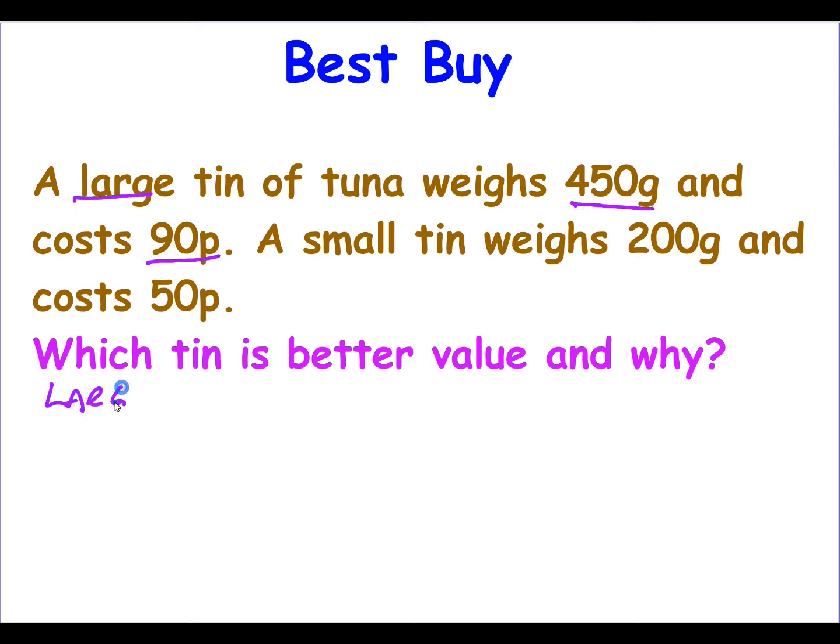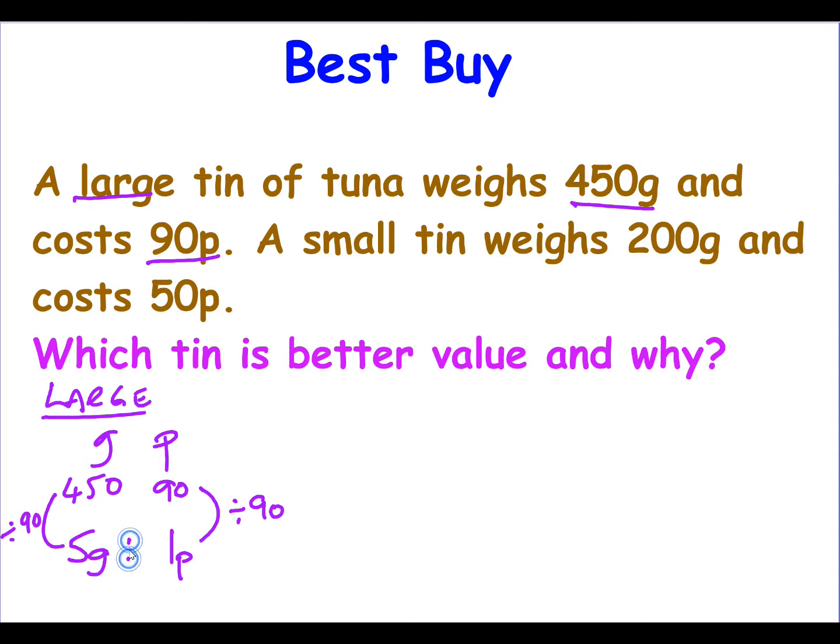So our large tin is a relationship between grams and pence, and it's 450 grams for 90 pence. To work out how much we get for our 1 penny, we divide 90 by 90 to give us our 1 penny. And if we divide one side by 90, we need to divide the other side by 90. So we get 5 grams for our penny.